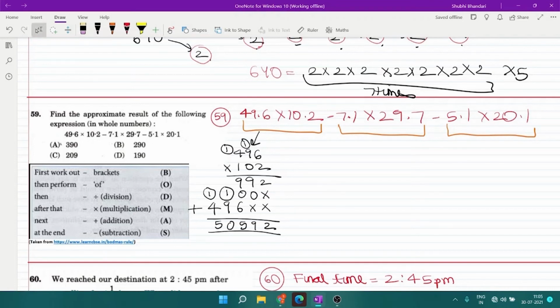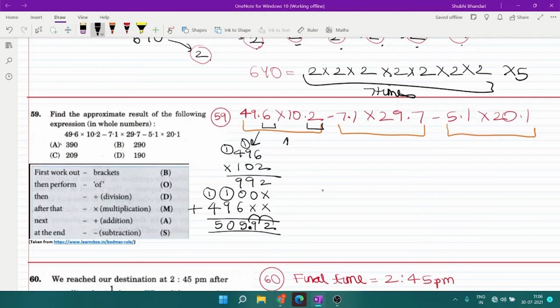Now that we have finally done the multiplication without decimal points, at the end, however many decimal places we see, we have to include that many decimal places in the final answer. So here we can see two decimal places. One is 6, one is 2. So we will count two places and then we will put the decimal point.